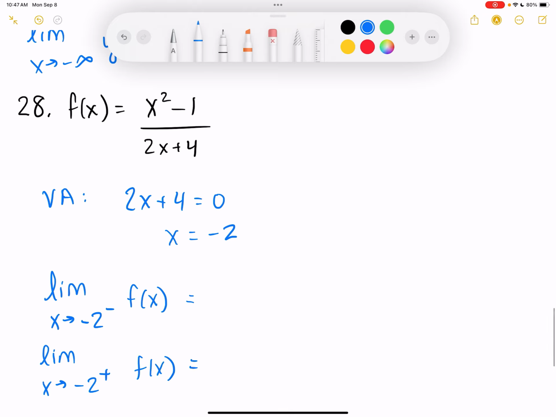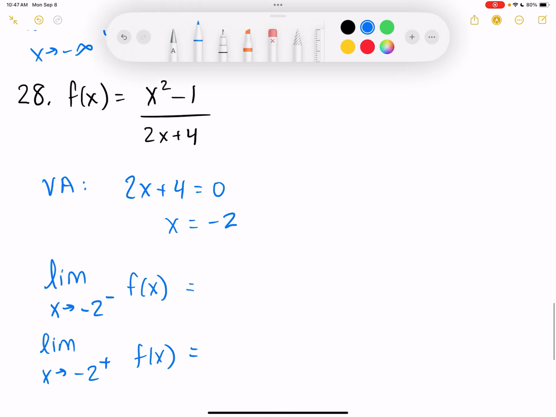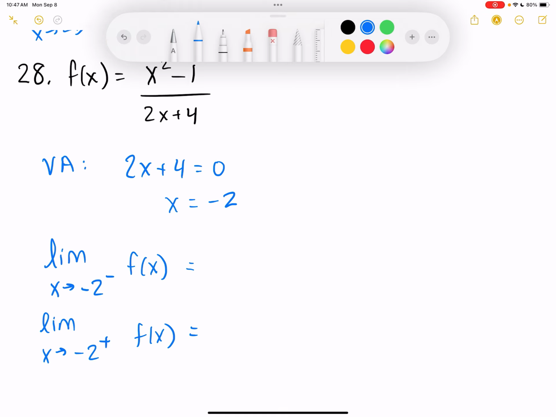So negative 2 from the left would be something like negative 2.001. So essentially I would have negative 2.001 squared, because all I care about is the highest power, over 2 times negative 2.001.